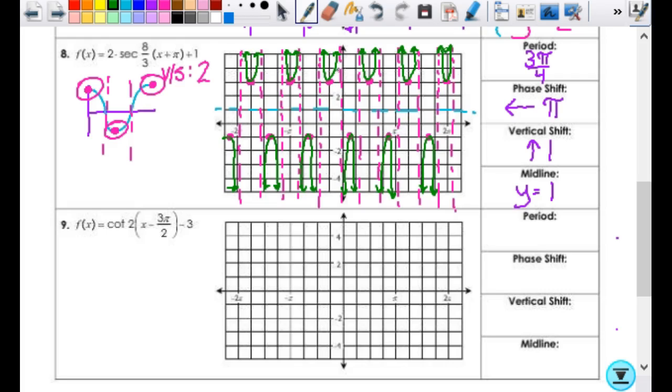Just count on the graph. Count, skip count. I mean, it's all very repetitive.